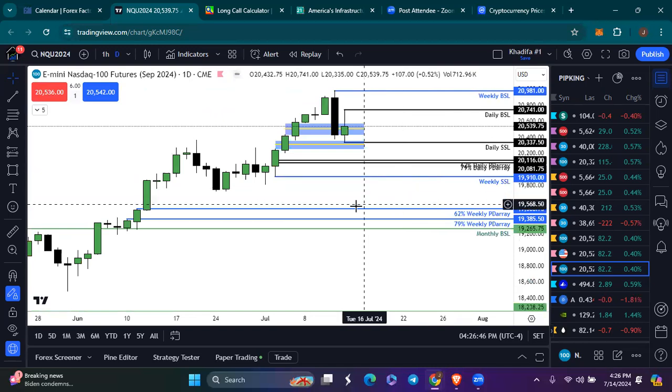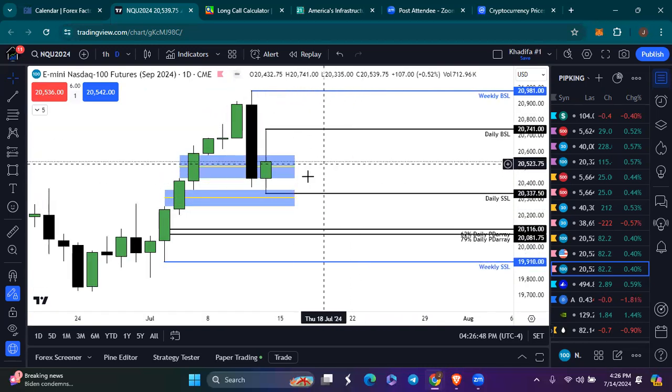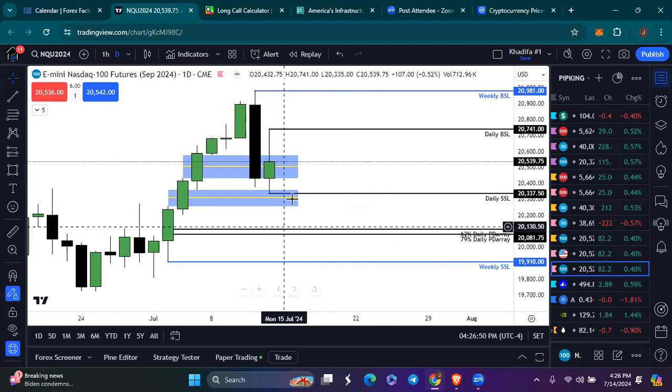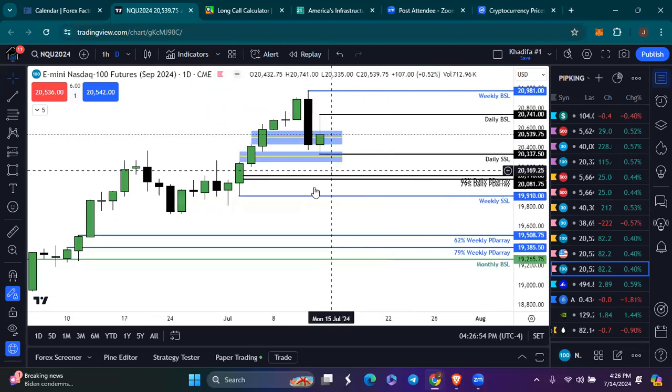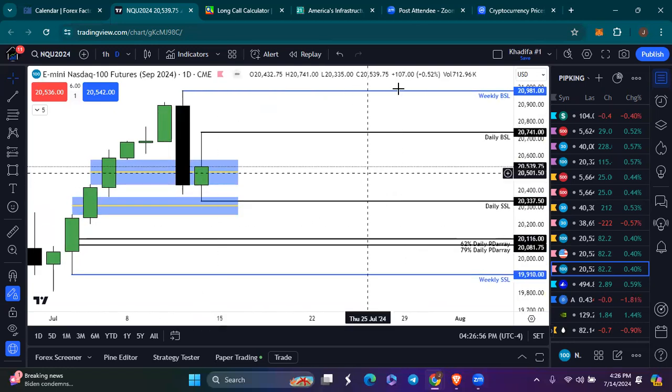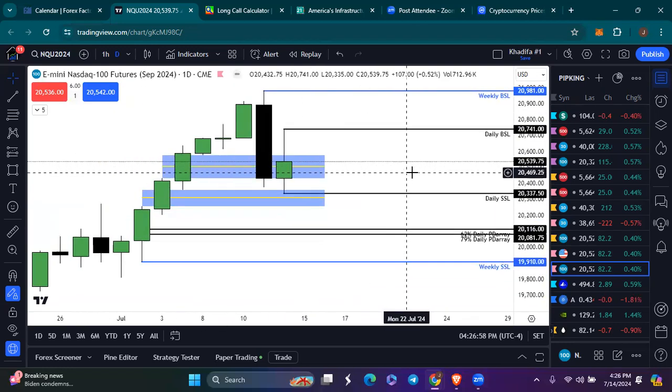So I'm going on record saying that I think futures is going to open with a big gap to the downside to clean up all of this imbalance right here before continuing higher.